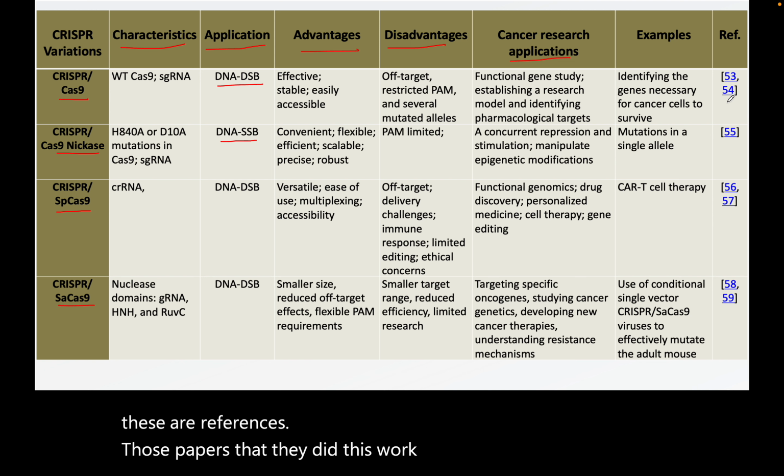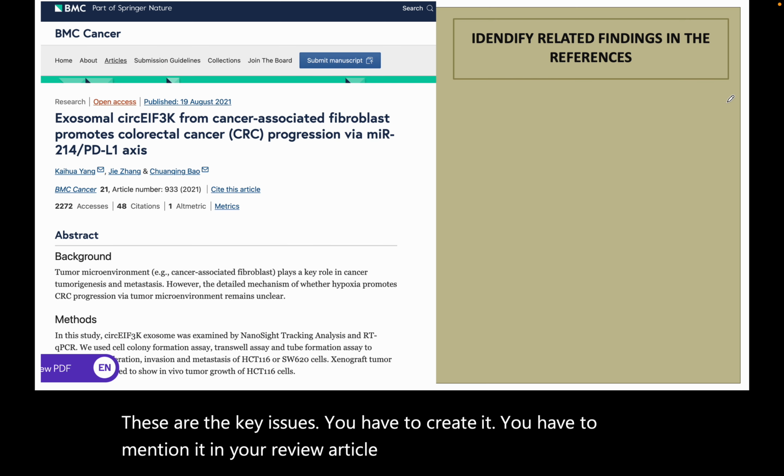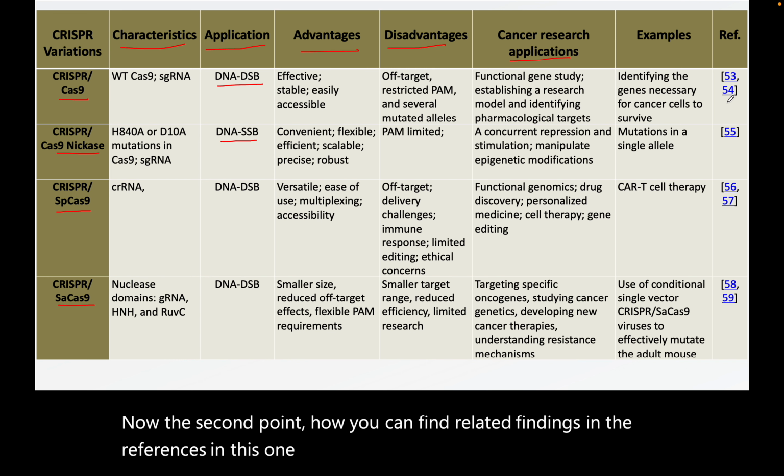So these are the novelty. These are the key issues you have to create. You have to mention it in your review article. Now, the second point, how you can find related findings in the references. In this one, we said this reference collected all these data.